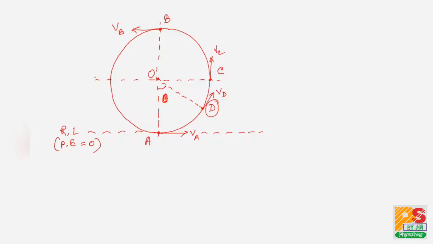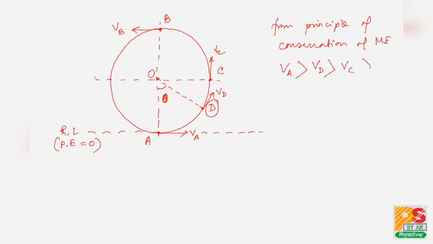Therefore I can write that from the principle of conservation of mechanical energy, of course VA would be the maximum possible velocity the body will have at any point on the vertical circle. VA should be greater than VD, should be greater than VC, and should be greater than VB.